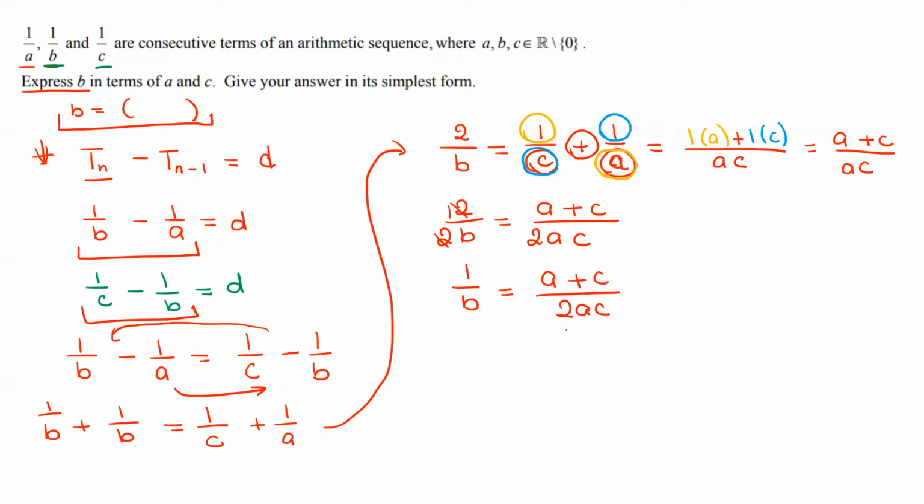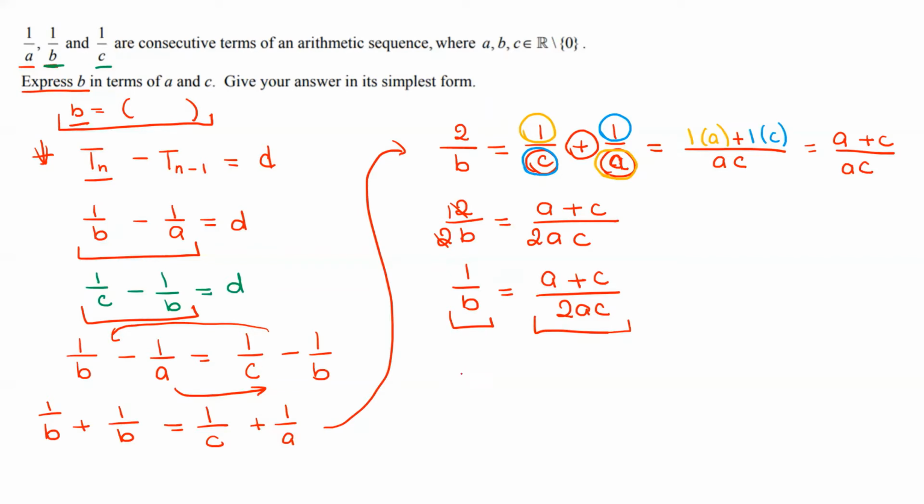Now we're nearly there, but not quite. We want b is equal to something, but we have 1 over b is equal to something. This is a cool maths trick you can do, guys: when you have 1 fraction on one side and 1 fraction on the other side of an equal sign, you can flip both fractions and it's still the exact same thing.